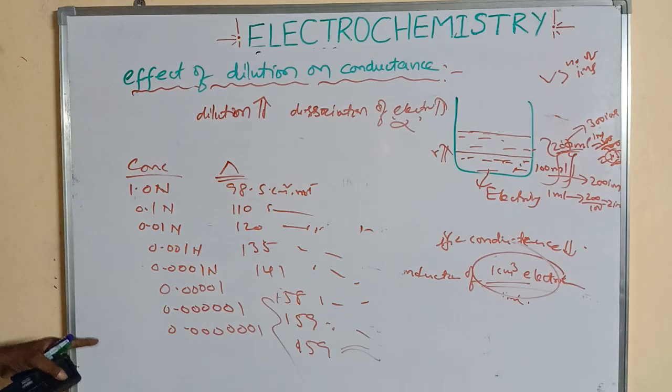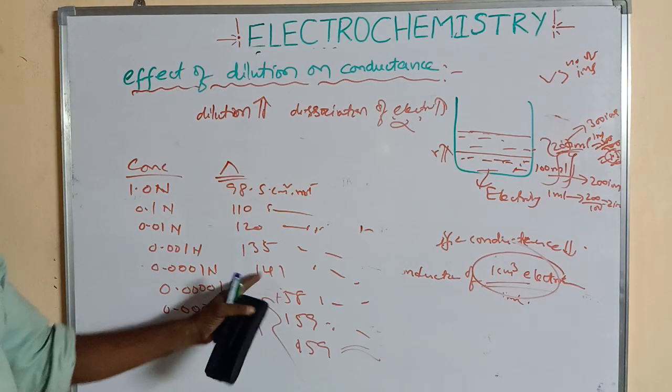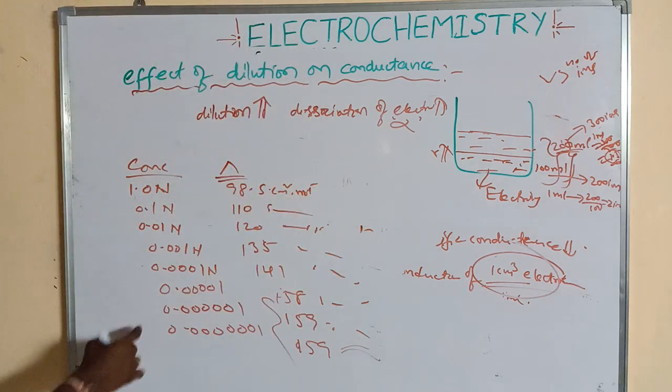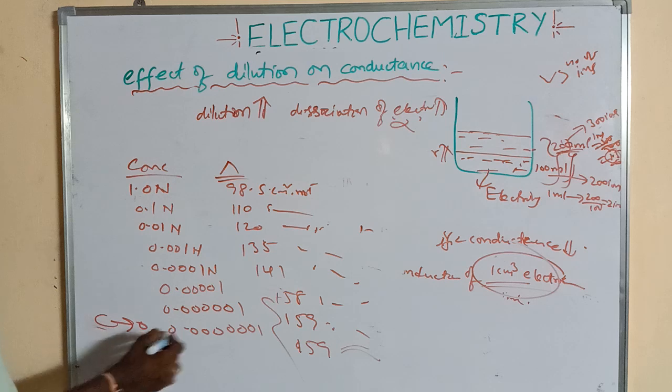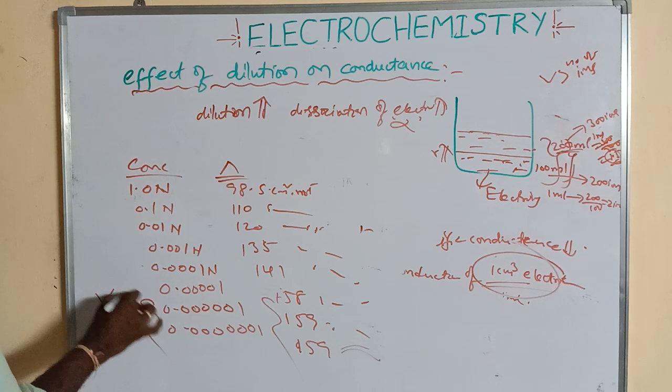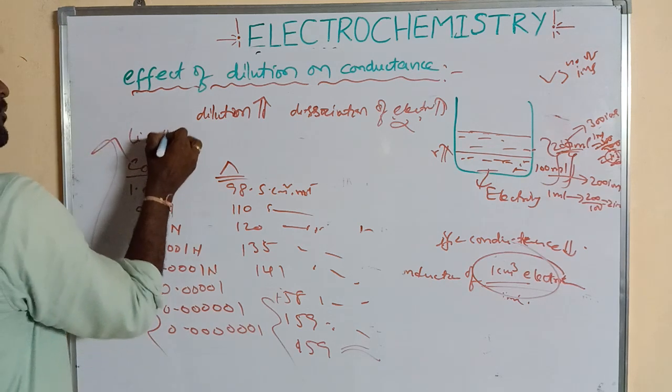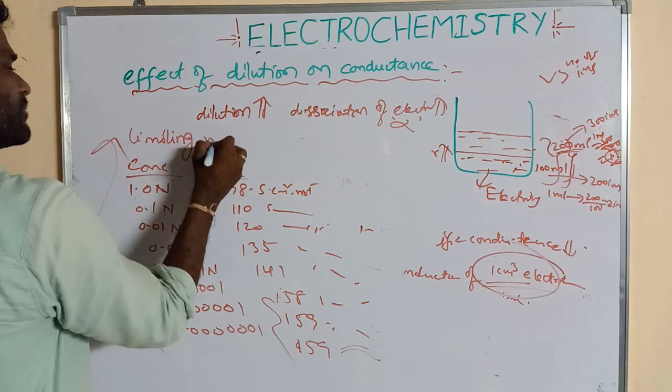When the dilution increases, at one point the equivalent conductance cannot increase any further. That dilution is where the concentration reaches zero and the volume is infinity, and that conductivity is said to be the limiting molar conductivity.